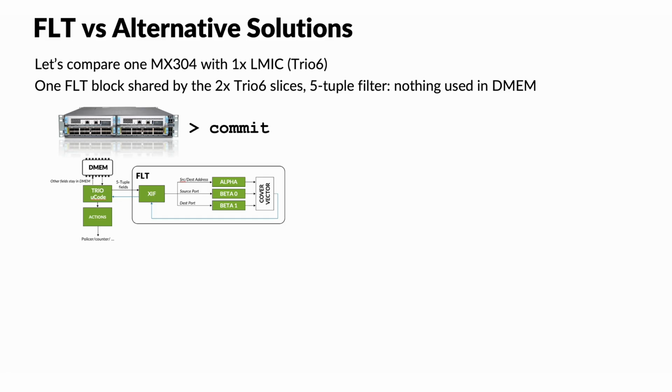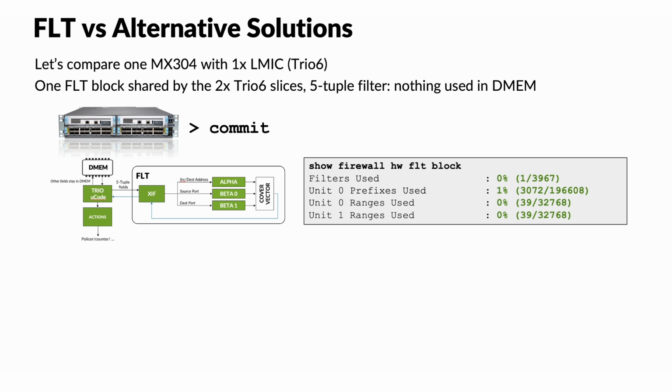And now, let's commit this filter as an FLT filter on the Trio 6 of our MX304. Since our filter consists only of 5-tuple terms, nothing is stored in the DMEM. After committing, we can monitor FLT memory consumption. That was easy peasy for our FLT.